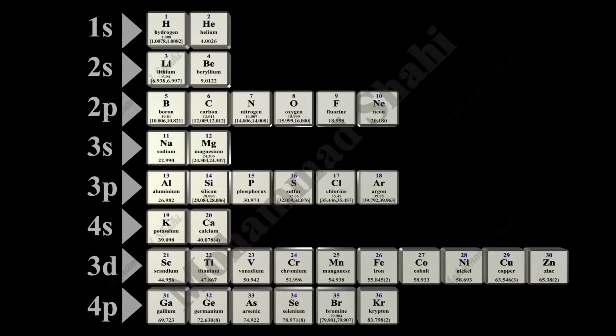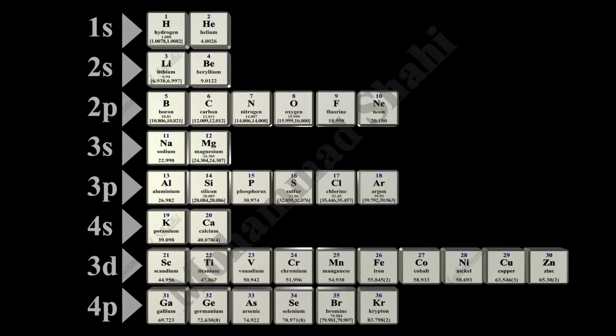Afterwards, the filling of the 4s subshell occurs associated with two elements, potassium and calcium, with atomic numbers 19 and 20 respectively. It is followed by the filling of the 3d subshell associated with 10 elements, scandium, titanium, vanadium, chromium, manganese, iron, cobalt, nickel, copper, and zinc, with atomic numbers from 21 to 30.